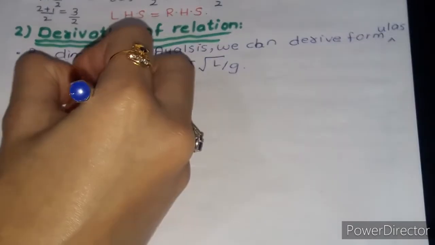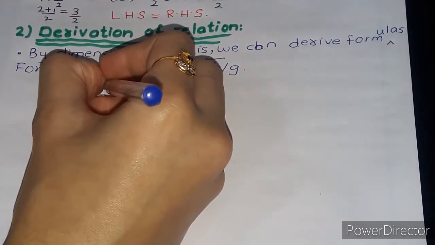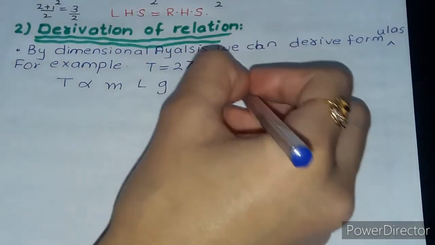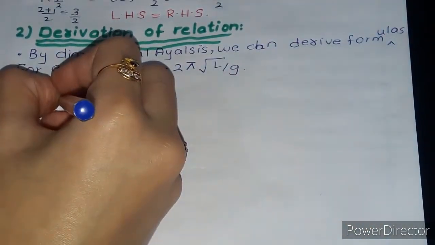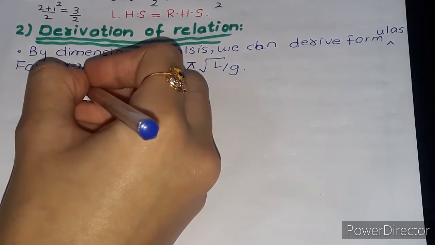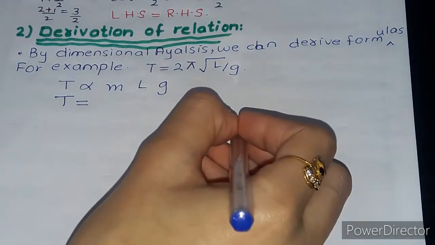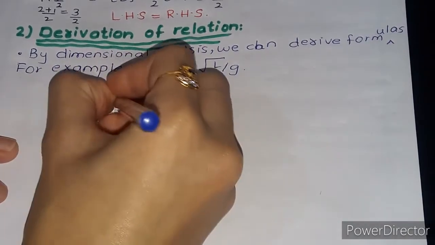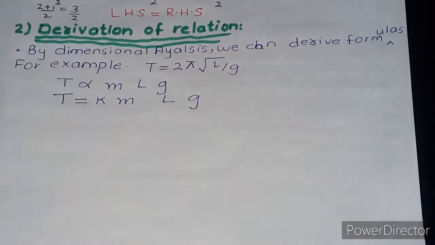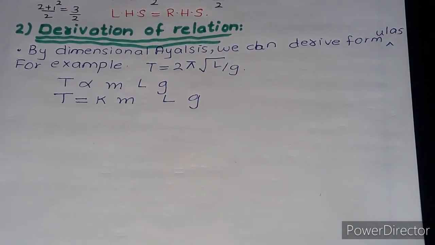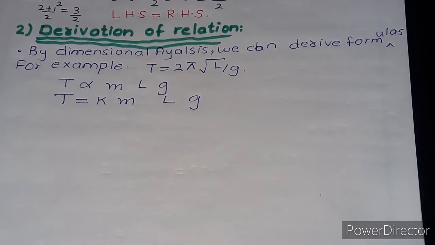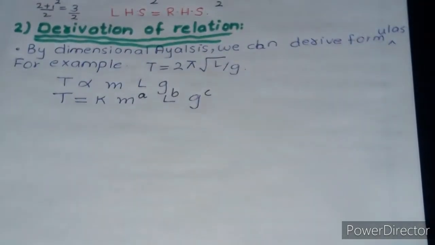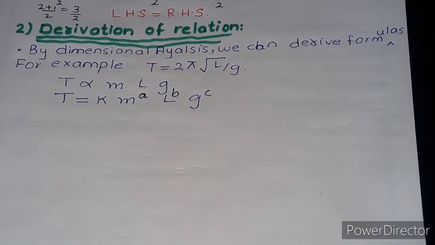So T is directly proportional to M L G. Removing the proportionality sign, we get T is equal to K M L G. Now if we put the coefficients here, A, B and C, naming that equation number 1.